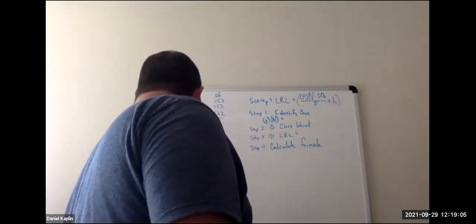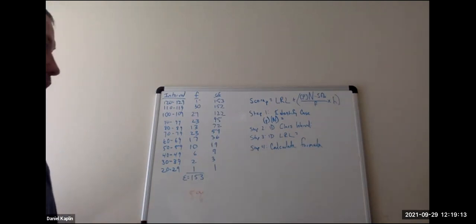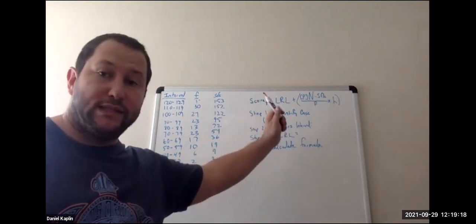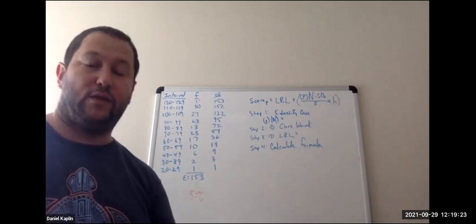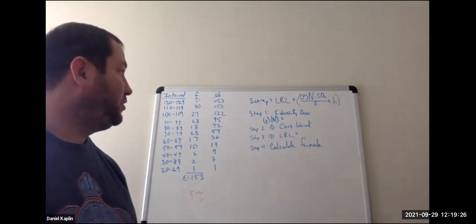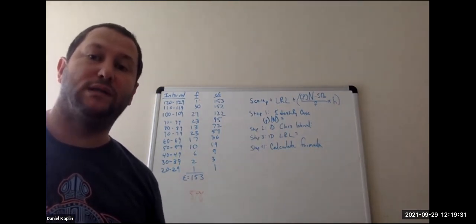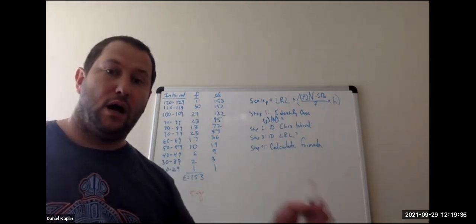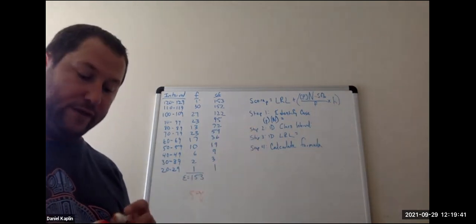So there are 4 steps. Step 1 is to identify the case corresponding to the 25th percentile. Step 2 is identifying the class interval that case belongs to. Step 3 is identifying the lower real limit of that class interval, and step 4 is calculating it. So let's see what we figure out.